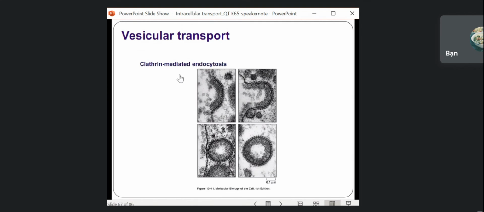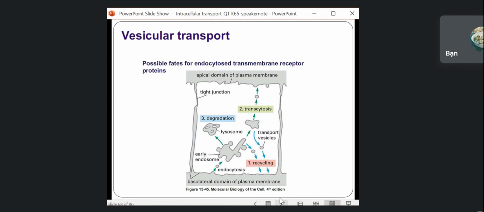So clathrin mediated endocytosis on the plasma membrane is carried out by the clathrin coating. This is an image I already showed you of how the clathrin coated vesicle is formed on the plasma membrane and transports molecules from extracellular to come into the cell.